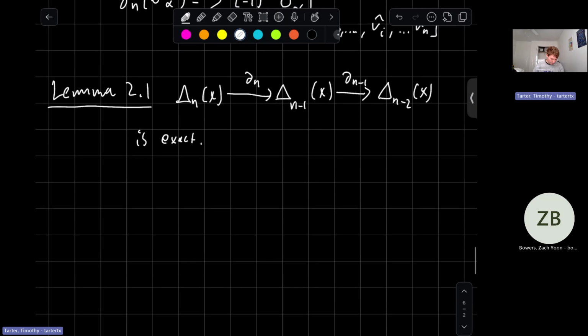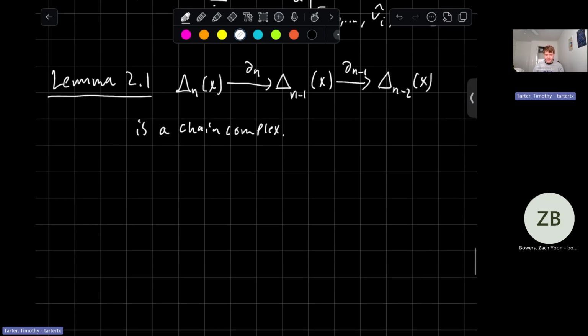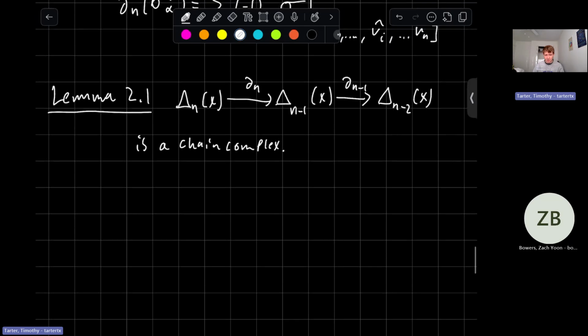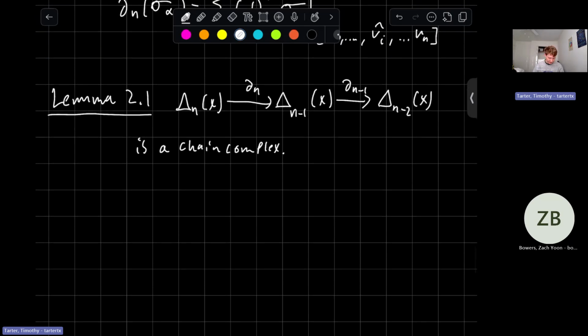So what we want to say is that, no, it's not exact. It's a complex. That's weird. It is a chain complex. Generally when we say chain complex, we define it by saying that partial n minus 1 partial n equals 0.